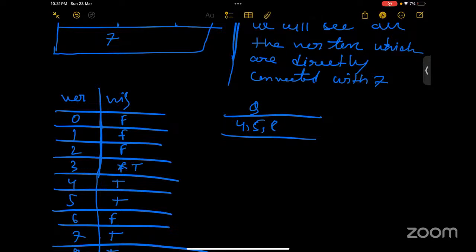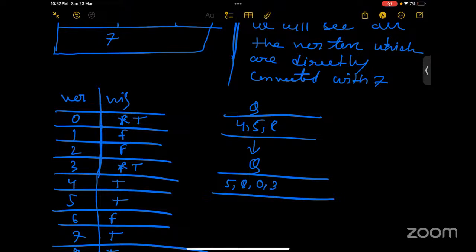And in the next step, our queue will be: we have to explore 5, 8, and we have explored 4 and found 3 and 0. So we will write 0 and 3 because we now have to explore 0 and 3. We have visited them, we have to explore them. This is the process.